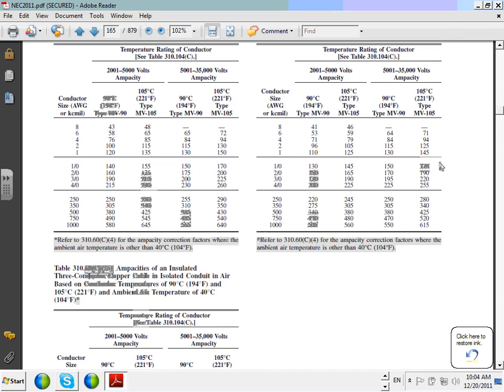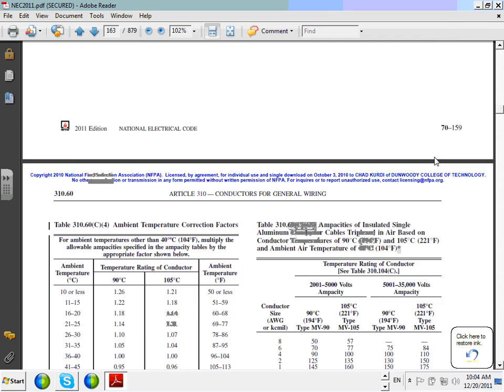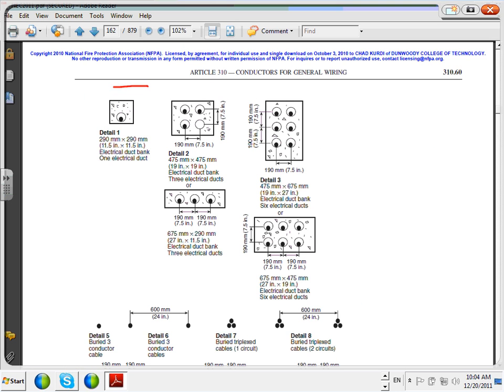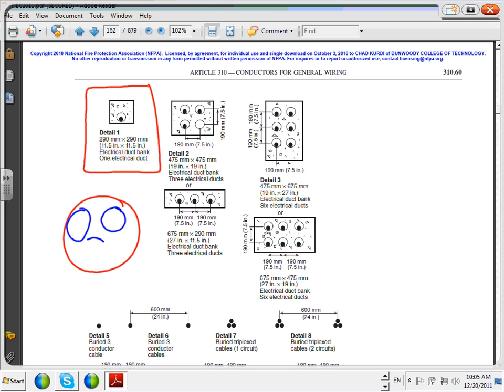to the details. If you look at the details, here's where the details come from, guys. Detail number 1. Can you guys see the detail number 1? Right here. Detail number 1 will tell you, I have a conduit. Inside my conduit are 3 conductors. This is conductor 1, conductor 2, conductor 3.